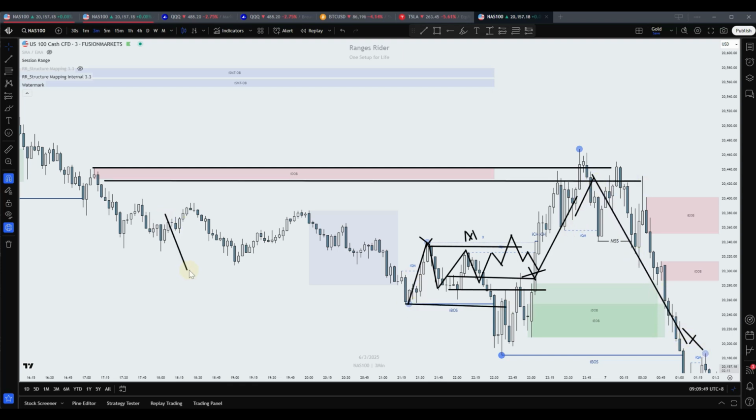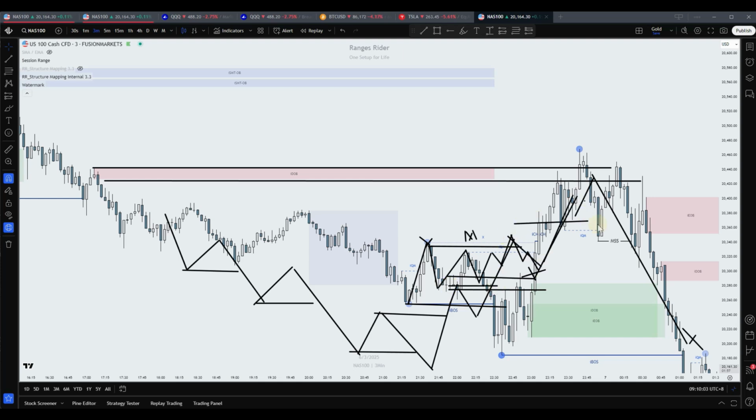Why? Because of lower low, lower high, lower low, lower high, break of structure, and another break of structure, something like this, until we get a change of character, and then of course we are on break of structure buy, break of structure buy, break of structure buy, and once we get another change of character, then break of structure sell, something like this.